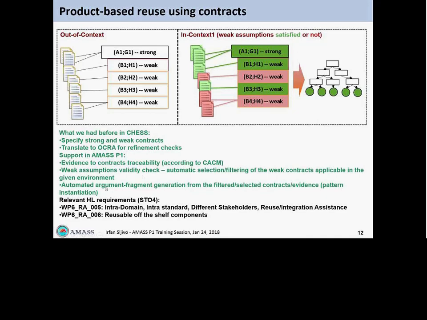And then we provided support: once we have that knowledge, we can automatically generate these arguments based on the information in and around the contracts. So let's see now if we can go through a brief demo.